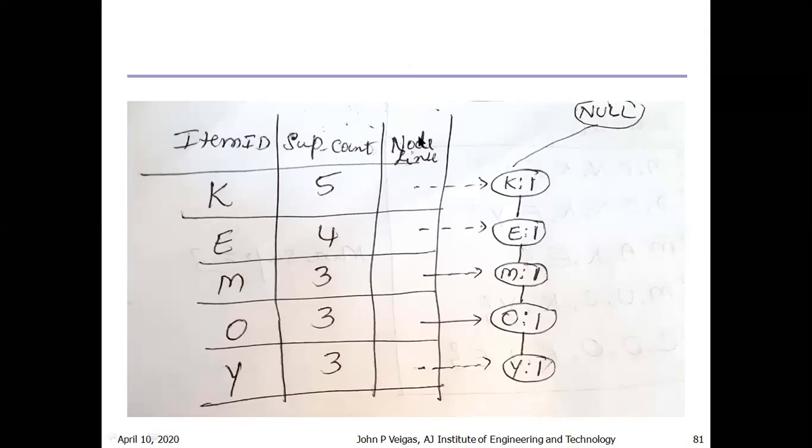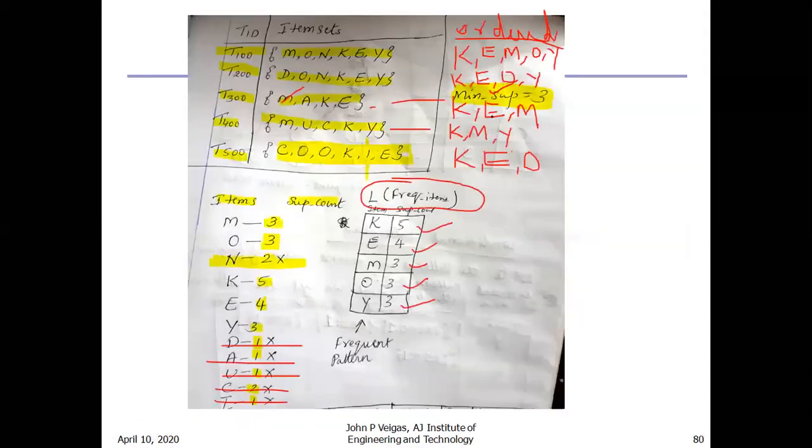Remaining students are not answering. Yes, sir. Understood, right? Okay. So for the next ordered set, which is the next ordered set? Ordered item set, which one? KEOY. Correct, no? This one. Are you there? Yes, sir.